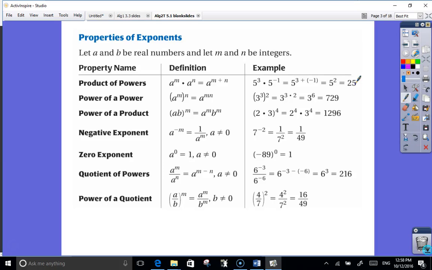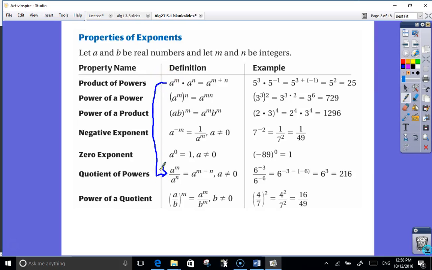So, I may ask you questions like, which property did we use? But ultimately, I don't really care about the name of the property. You just have to know how to use them, right? Now, that's the one where you add the exponents. I kind of always think of it together with this one a little bit.